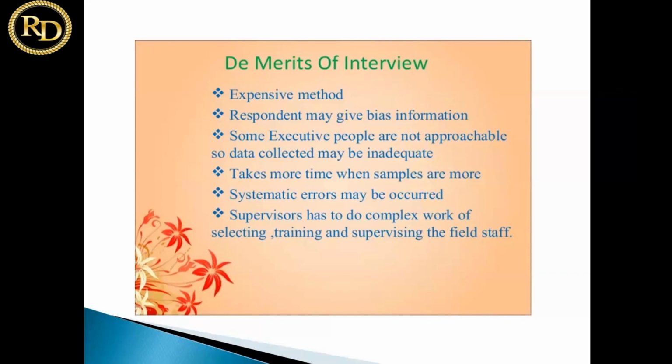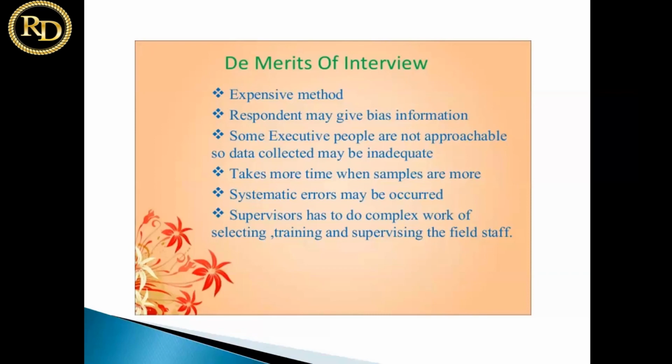Every time you go there and you are not able to get the person who is part of your sample. And it takes more time when samples are more. If you require a large sample, then it will take much more time, because non-response and other things will also be there while collecting the information. And systematic error may occur. Definitely, you are collecting the data by your own personal effort, so systematic error has very much chance to be incurred into the data.